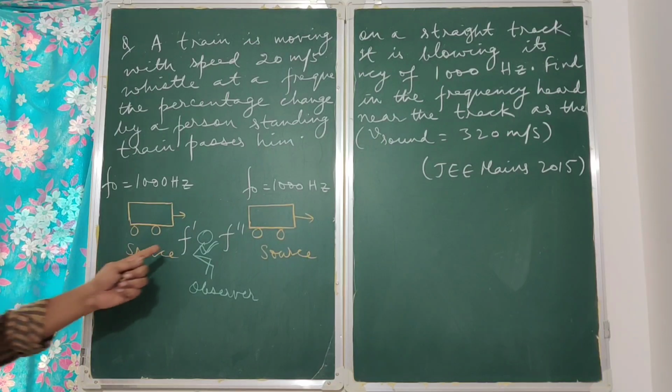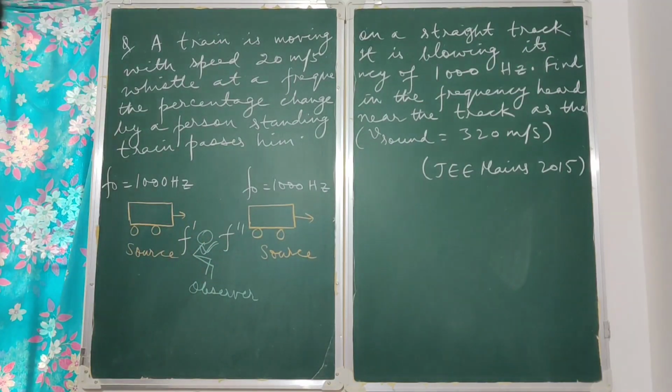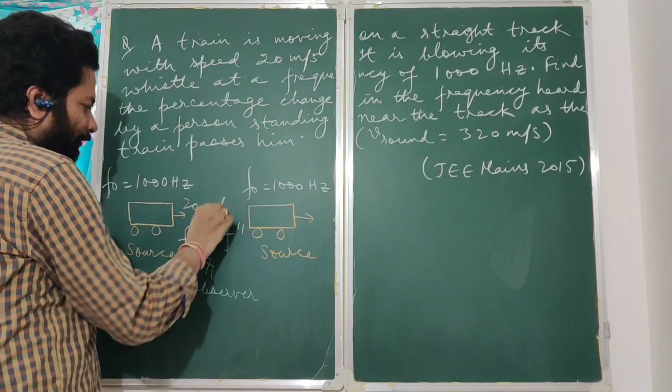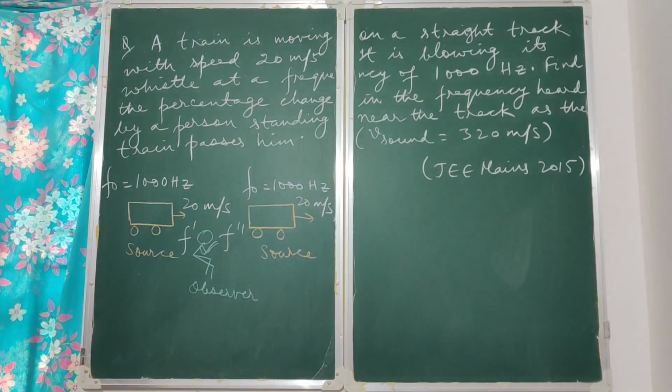Then they are asking us to find out the percentage change between F dash and F double dash. So let us try to do that. Velocity is given, 20 meter per second. And the observer is stationary.